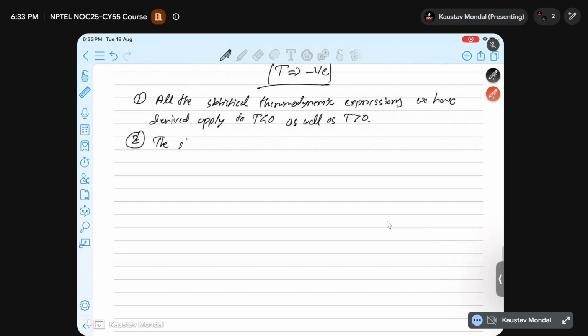The states at T less than 0 are not in thermal equilibrium. Okay, this is also a key point.